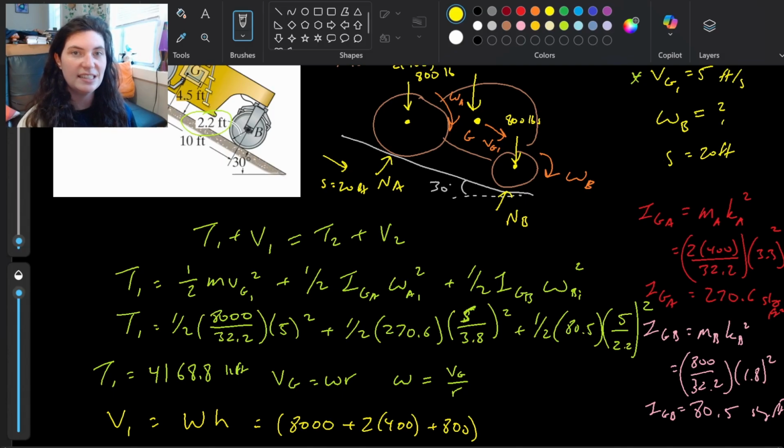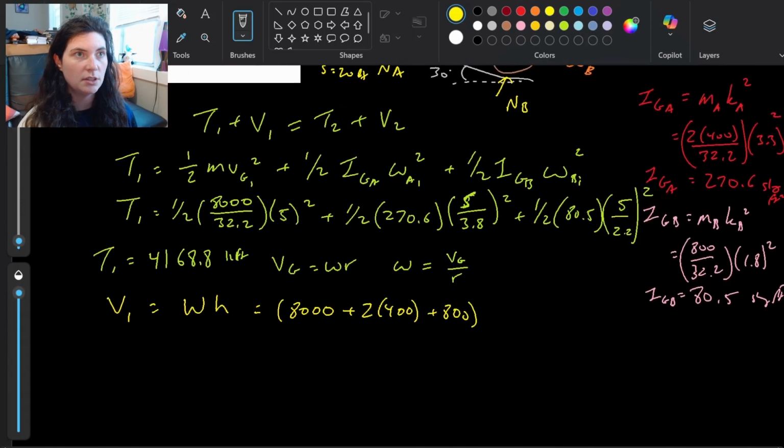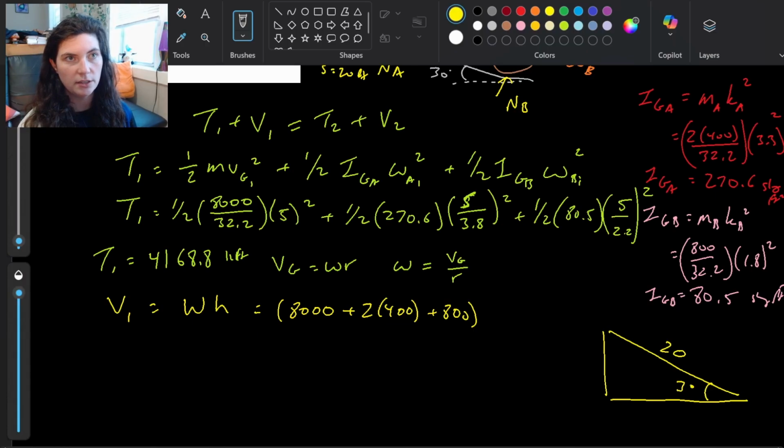And then I need the distance that it's traveling, that H value. We know this tractor is going to roll down the hill by 20 feet, moving 20 feet along this 30 degree inclined slope. What I'm looking for is the height it's going down.